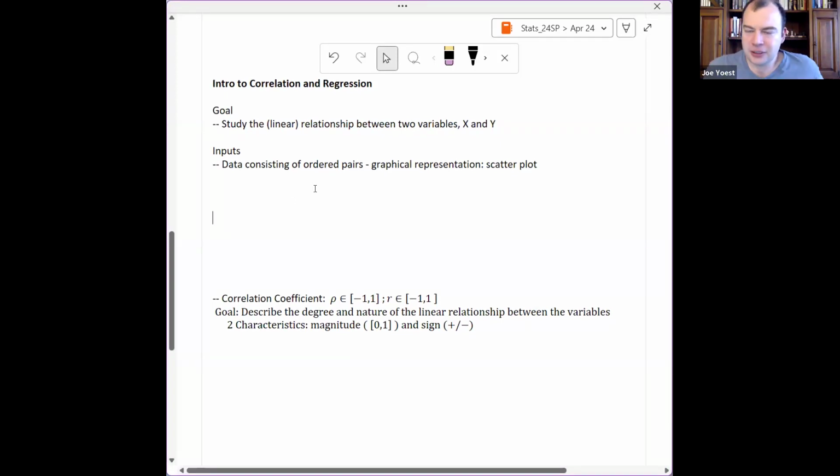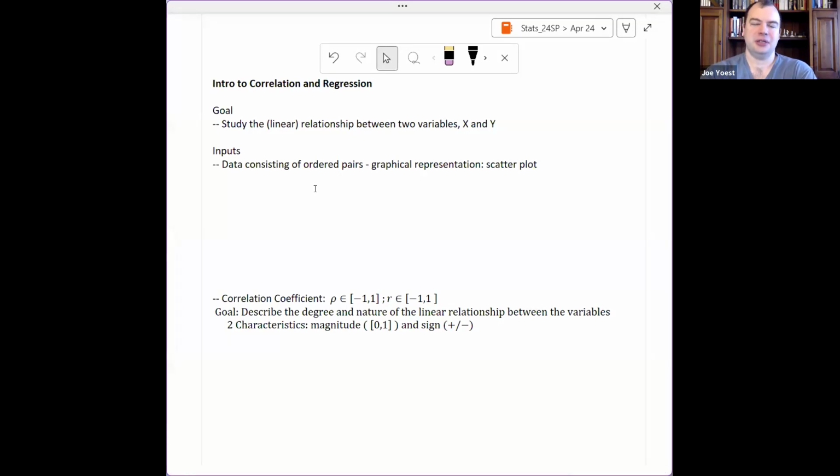Okay, so moving on to our next topic, we have kind of 3 topics left in the course: correlation regression, chi-square tests, and ANOVA. Really for correlation regression and ANOVA, we're just scratching the surface. The chi-square tests we're covering reasonably thoroughly.